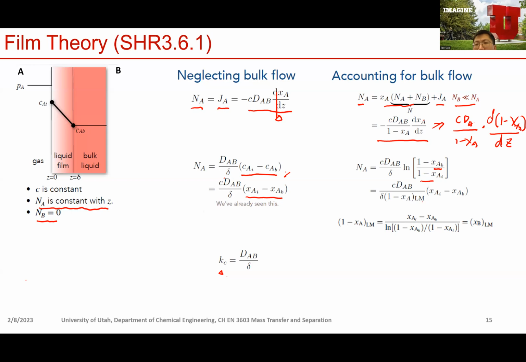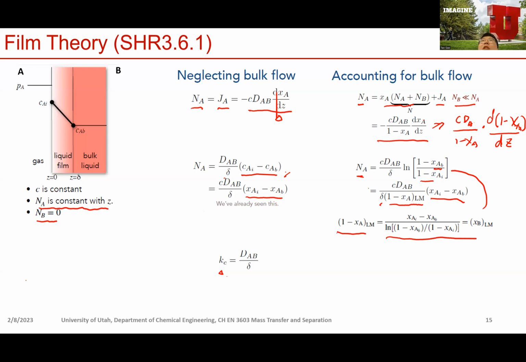And then we define the log mean of 1 minus XA to be this term. This is just a mathematical definition. If you plug this back in here, that will simplify this equation to the form where you have C D_AB over delta over (1 minus XA)_LM, that's log mean, multiplied by the mole fraction difference, right?